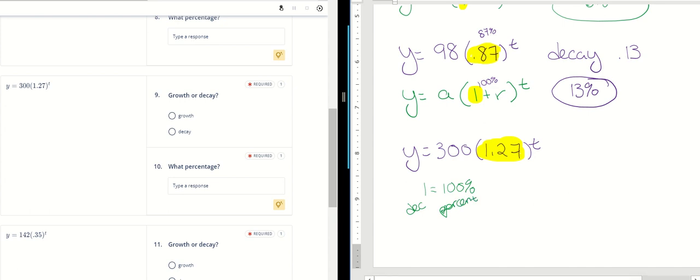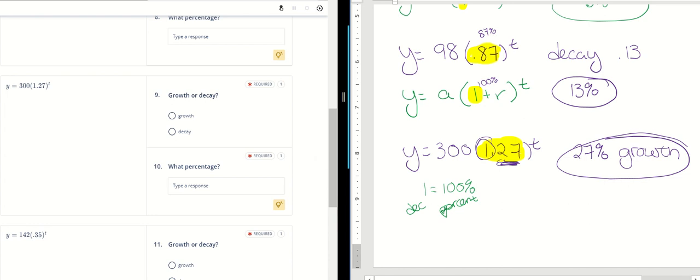So this is definitely bigger than 100%. Specifically, it is 27%. So we say that there is 27% growth, because it is 27 more, or 0.27 more than the 1 that we started with. We're just converting to percent.